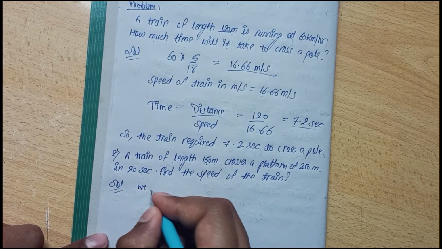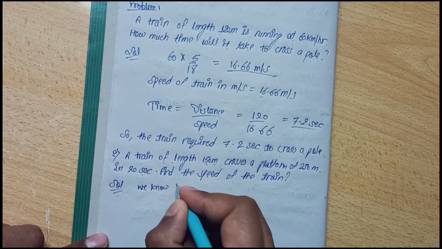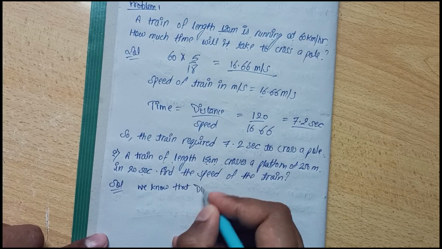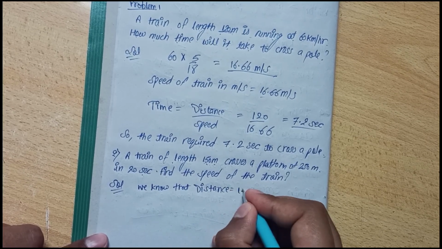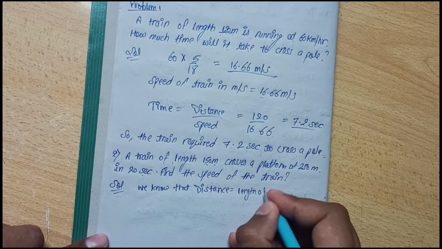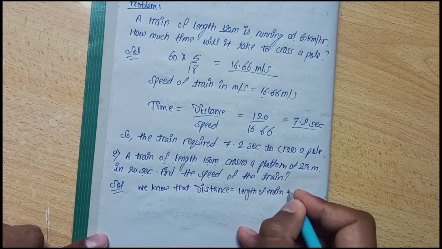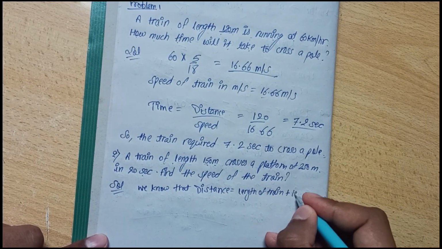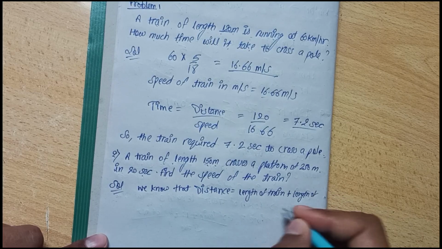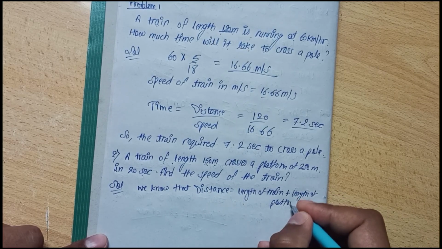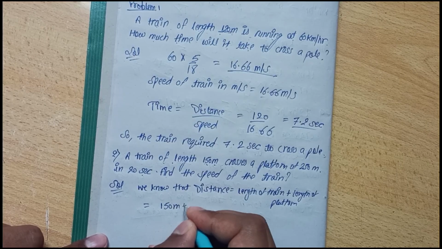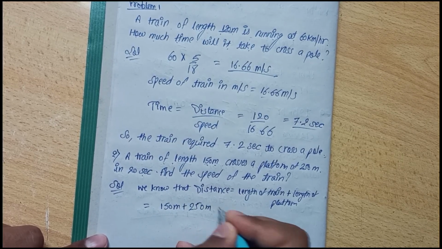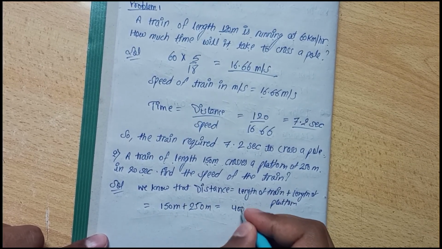So first we know that distance is equal to length of train plus length of platform, which is equal to 150 meter plus 250 meter, becomes 400 meter.